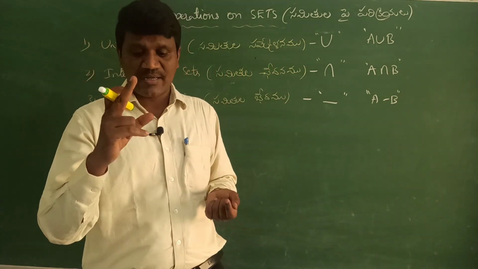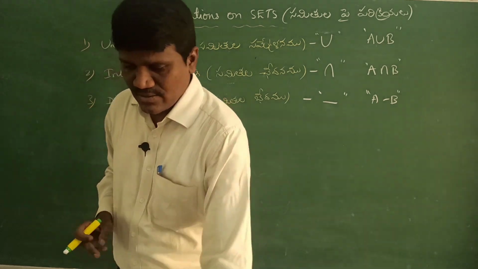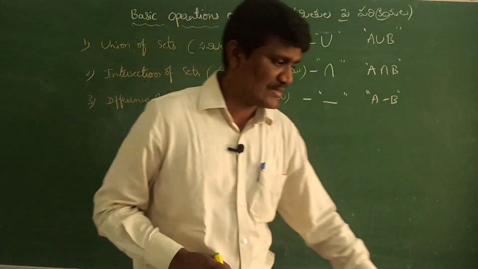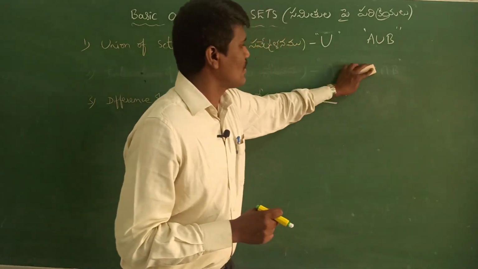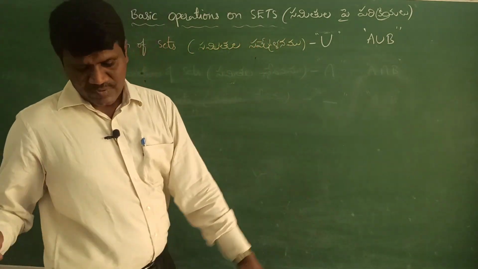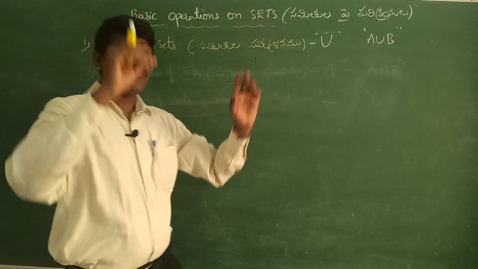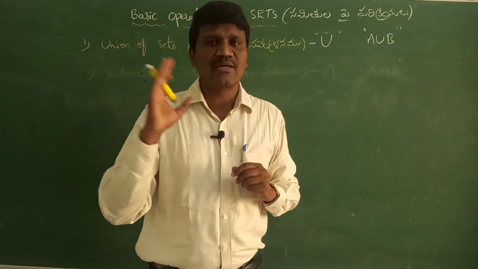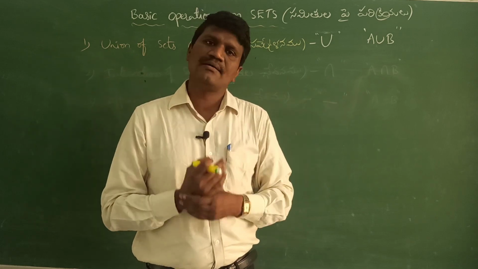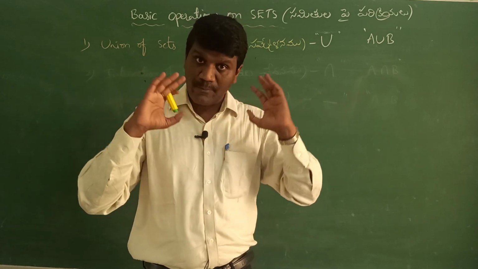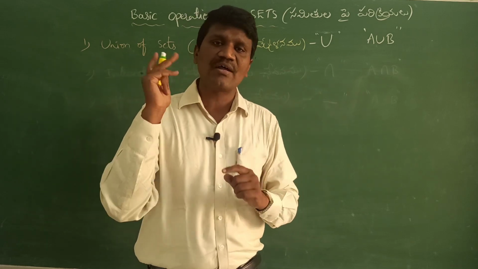The first one will be union of sets. First let us see what is the union of sets. Union of sets is nothing but, if A and B are two sets, we are combining the two sets and writing them as one set.